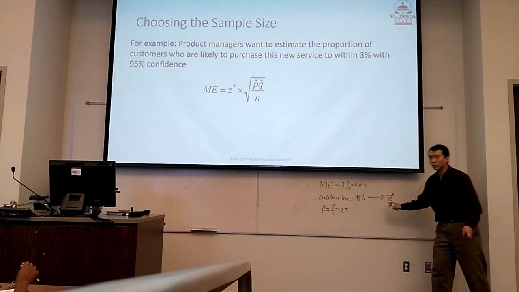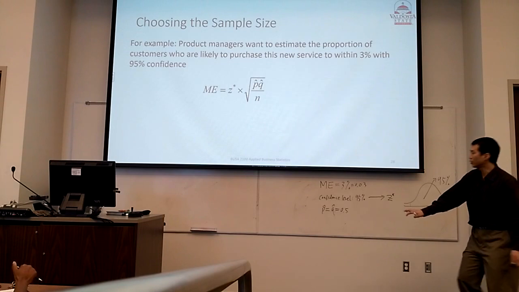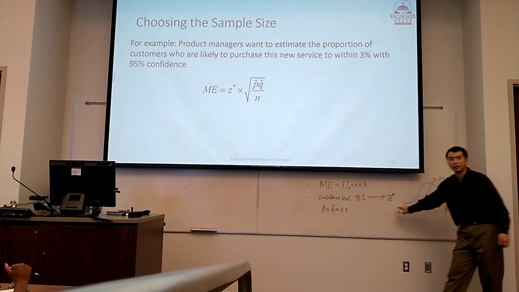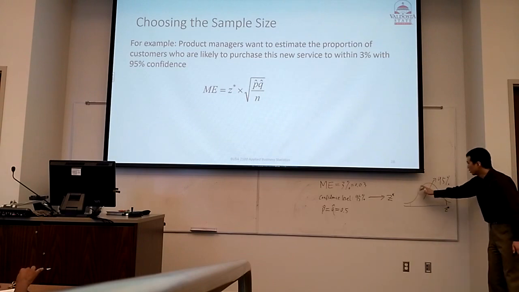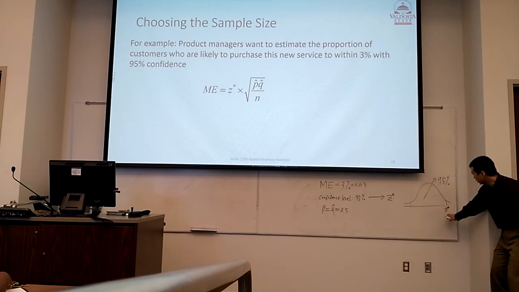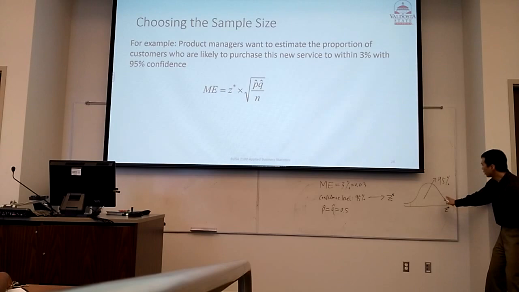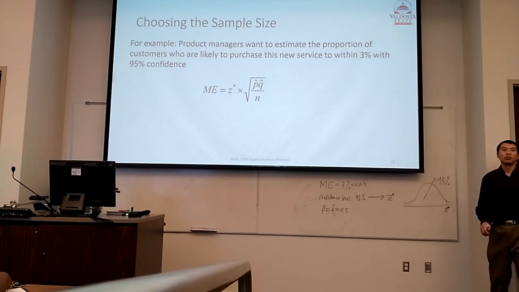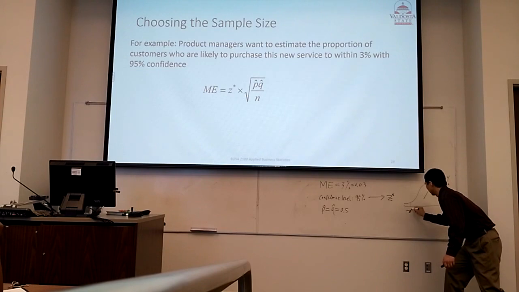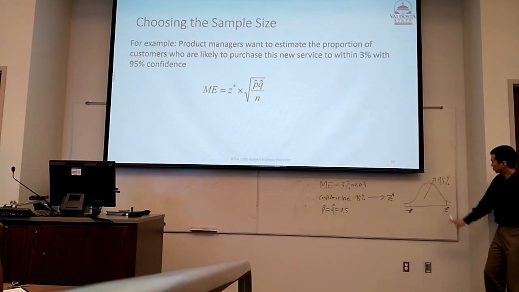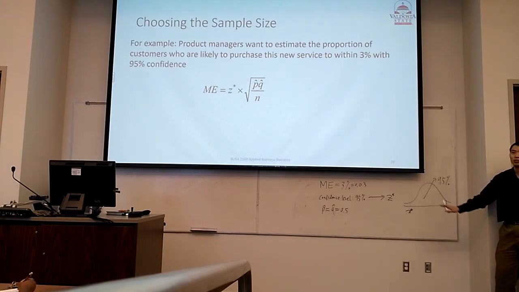If you do not know the Z star, always use the confidence level to find it. If we visualize that, we want to find the critical value that defines a 95% area. So this is a negative Z star.